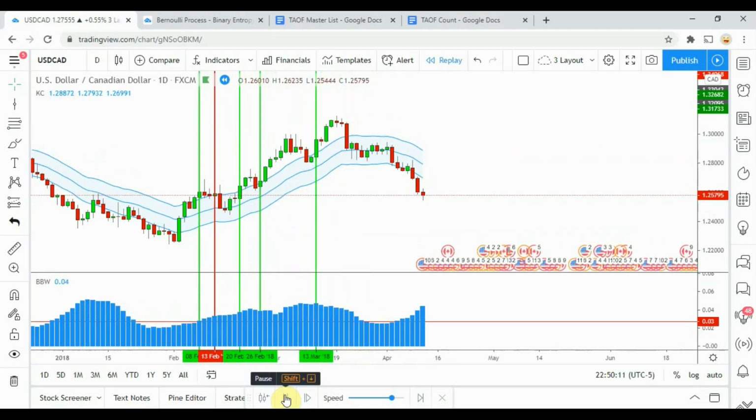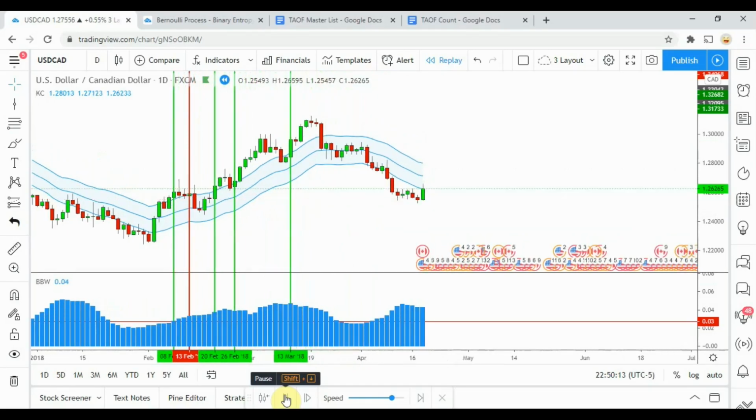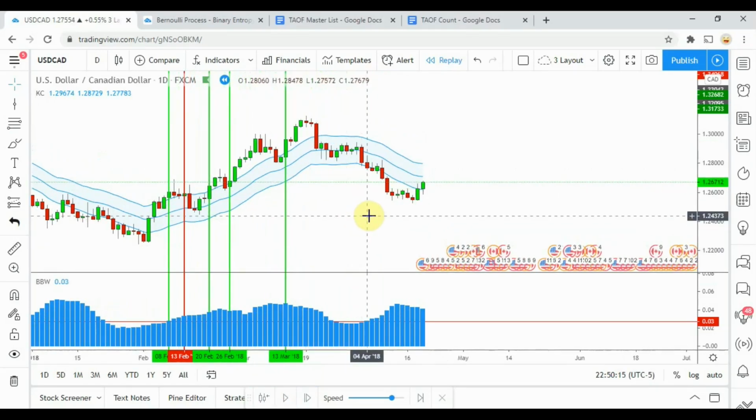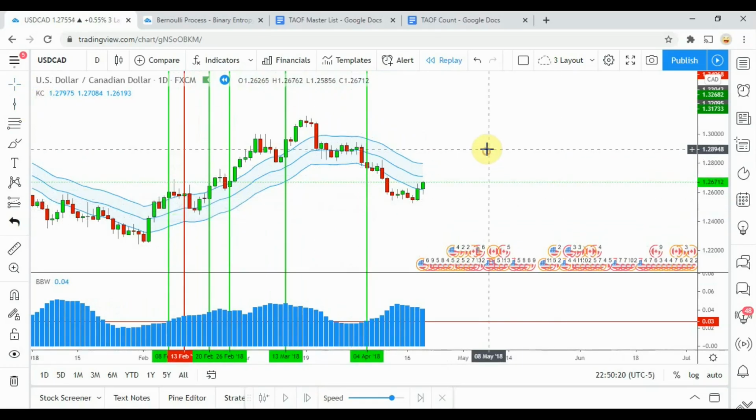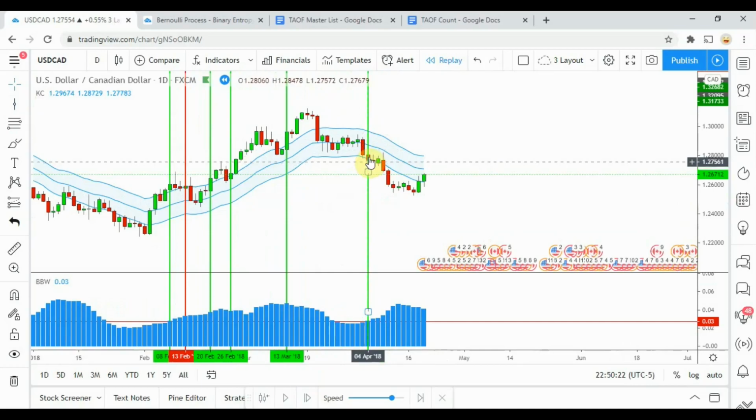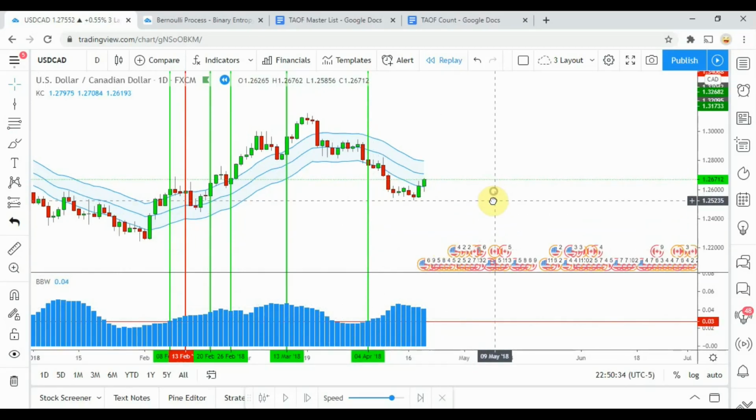We now are in a short trade. We would have been in right here on this particular candle. We would have broke and closed below the lower band of the Keltner channel, and we would have had the Bollinger Band width above the designated line. We then come down.